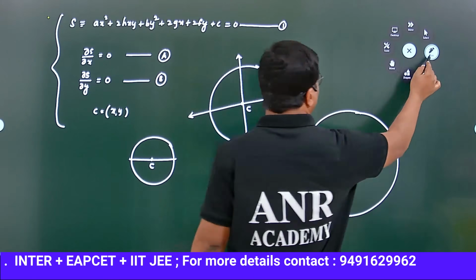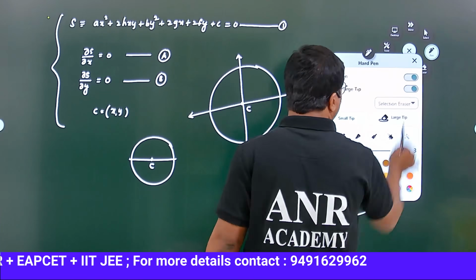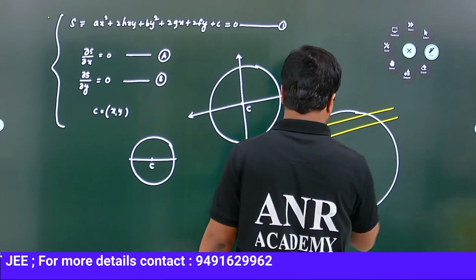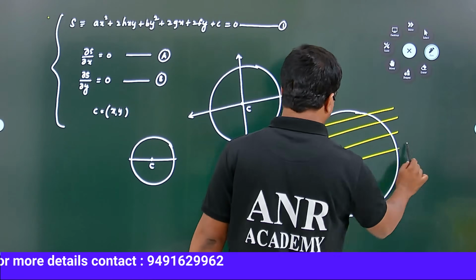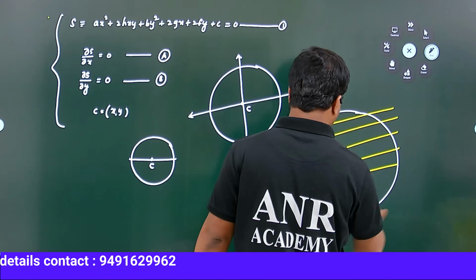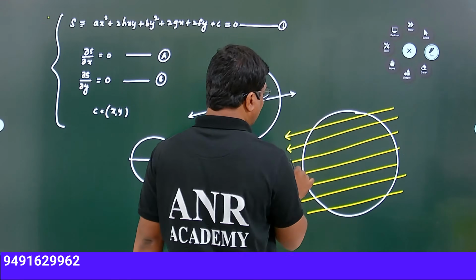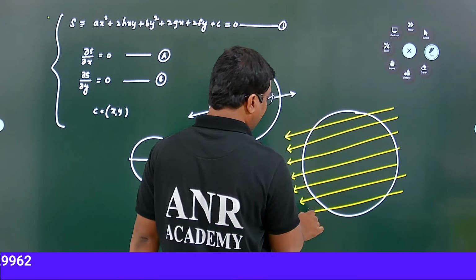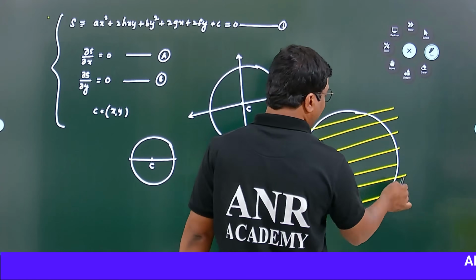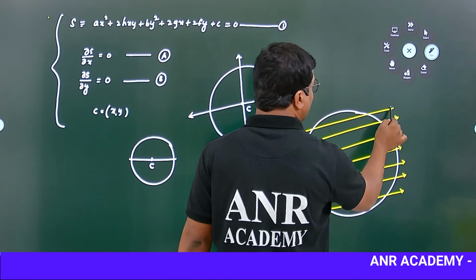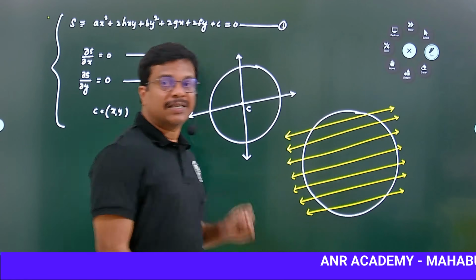See, I am going to draw parallel lines first. First one, second, third, fourth, fifth, sixth, seventh, and so on. So many parallel lines exist in this way, but the path of middle points of all these parallel lines is known as diameter, remember.